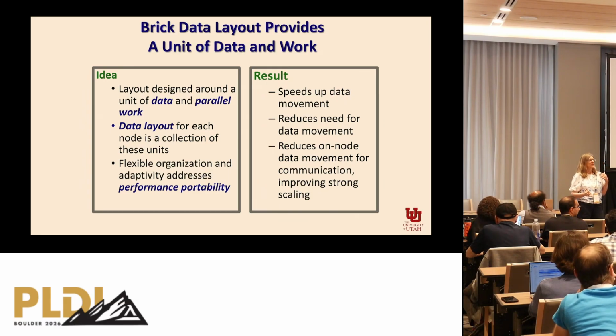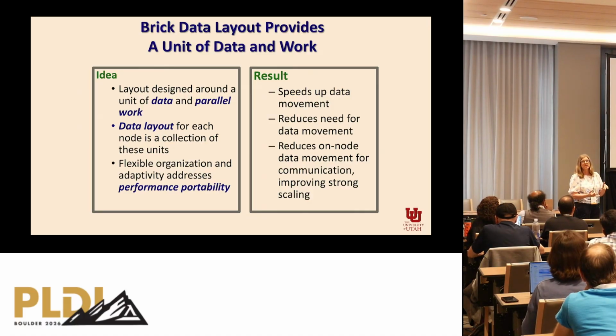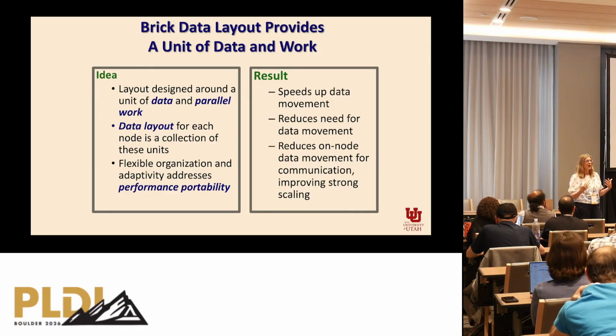So I'll probably say this a bunch of times, but what do you get? You speed up data movement from this abstraction. You eliminate some unnecessary data movement. And it also helps you in a distributed system to reduce the amount of reorganization of data that you need to do to communicate. So it's improved strong scaling as a result.